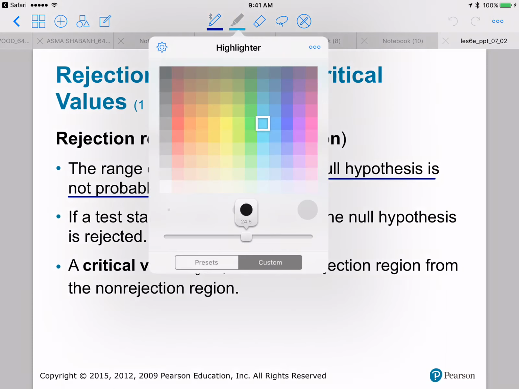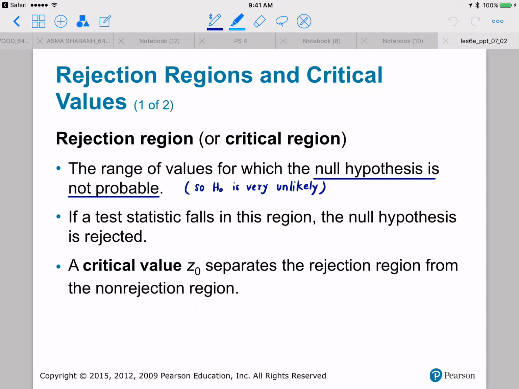We are now going to learn about how to perform a hypothesis test using rejection regions and critical values. Okay, so let's introduce some new notation, some new definitions.